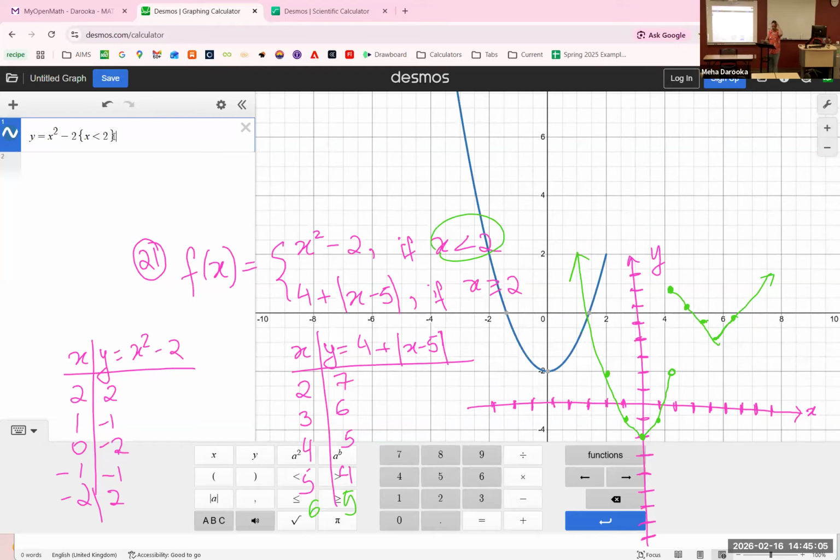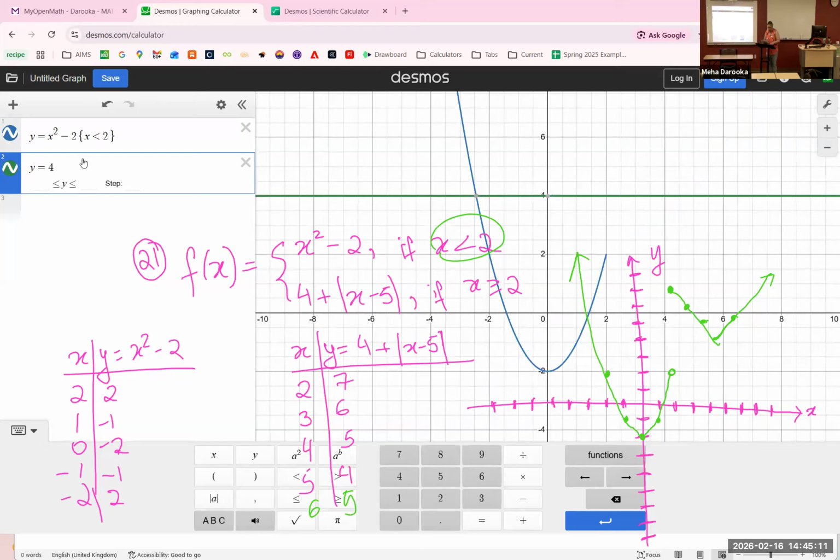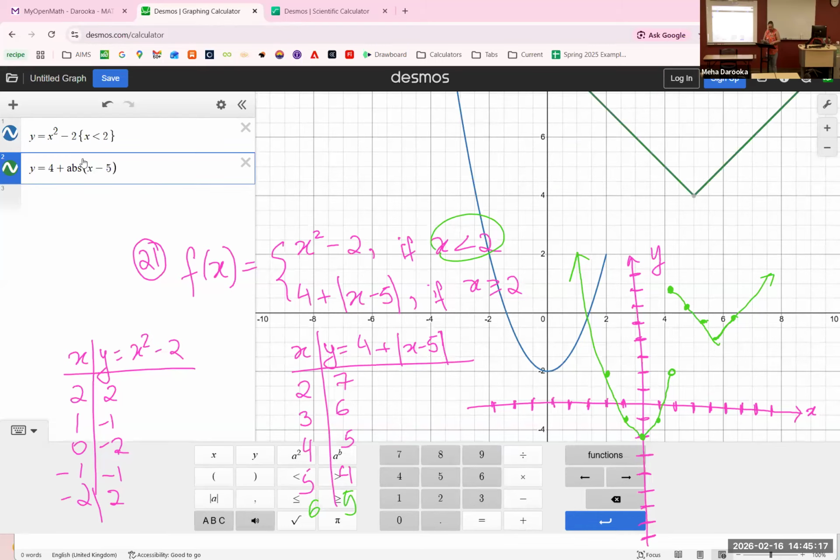Okay, that worked. All right, awesome. And then for the second piece, y equals 4 plus the absolute value of x minus 5. And then this one was for x greater than or equal to 2.